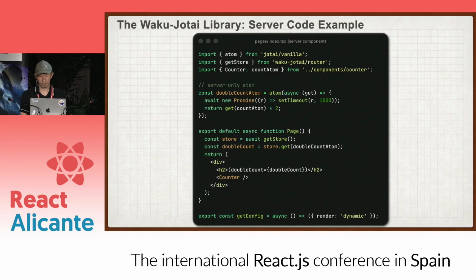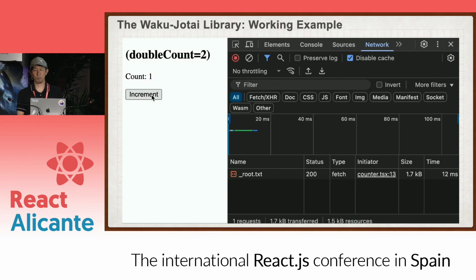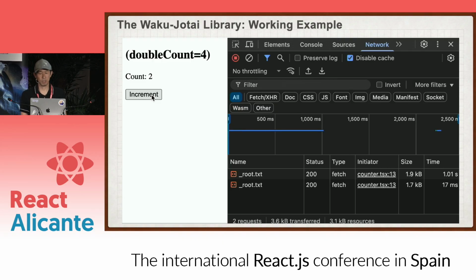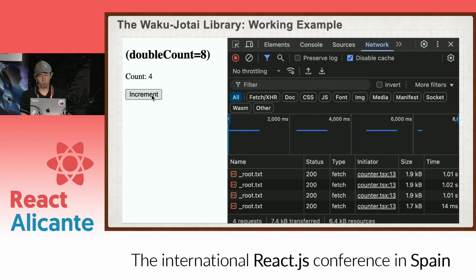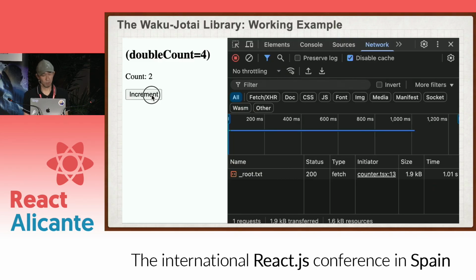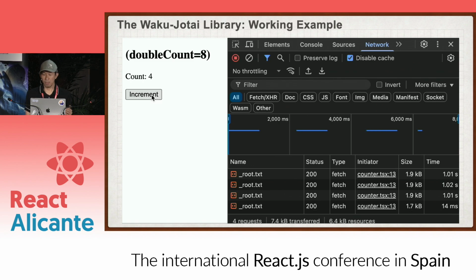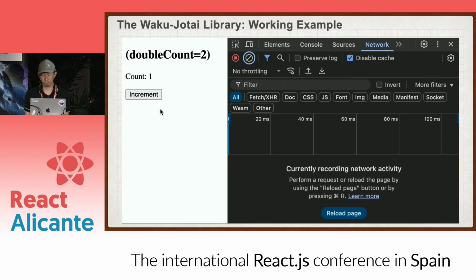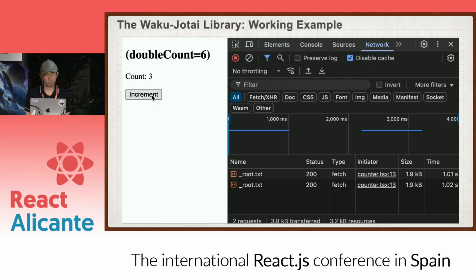Does it really work? Let's see our demo. This is a running demo based on the code snippet I just showed. It's a tiny application. We can see the browser network tab on the right. We have a button to increment the count. When we click the button, the count increases. The network tab shows that a request is sent to the server. The server then re-renders the server component.